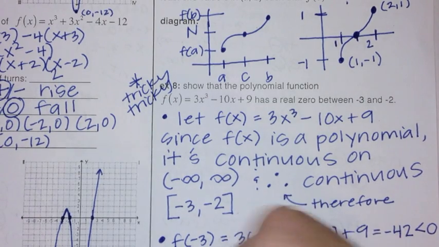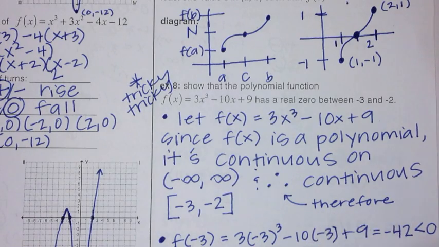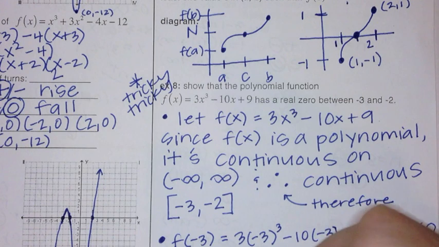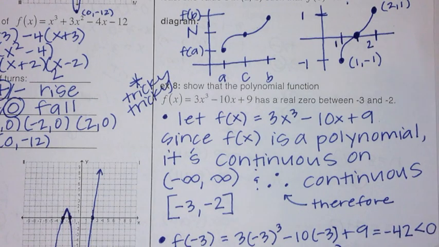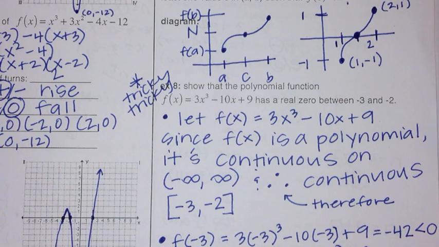And then you also want to show that f of -2 equals 5, which is greater than 0.